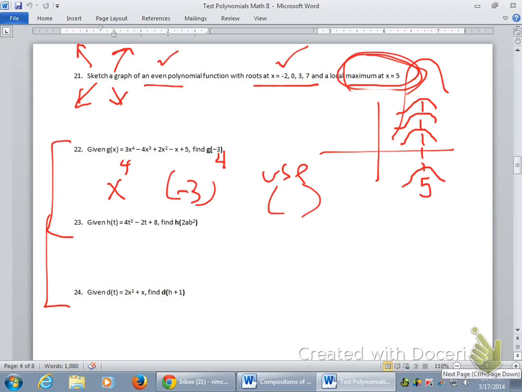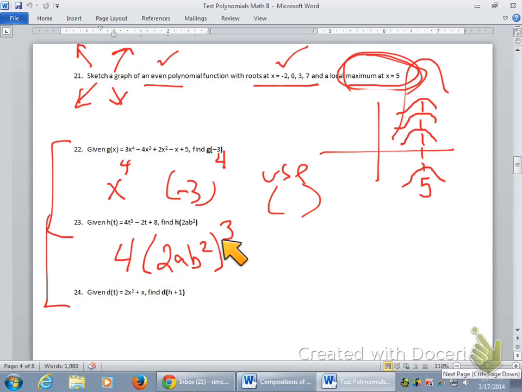On the second one, most of you set this up correctly, but this right here, the 4 parentheses 2ab squared parentheses, is it a third? I can't see it. I think it's a third. Okay, just this part right here, some of you multiplied 4 times 2 first. You can't. The 4 is on the outside.